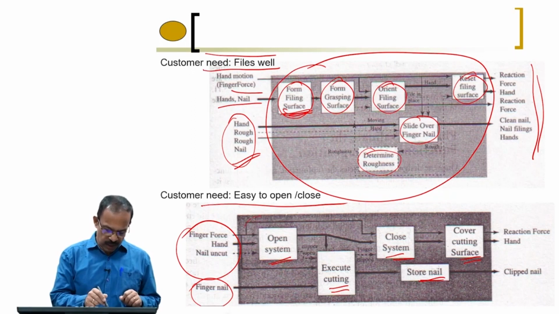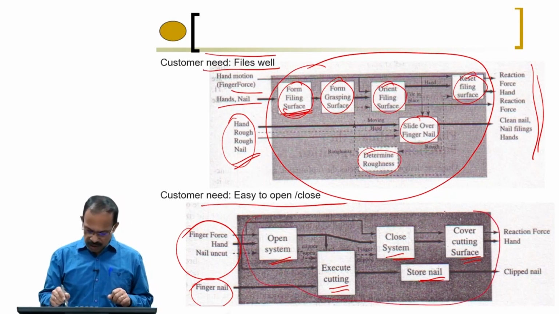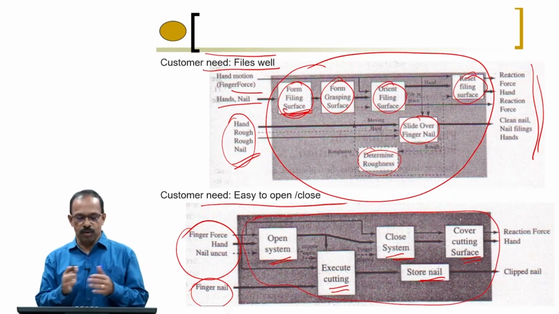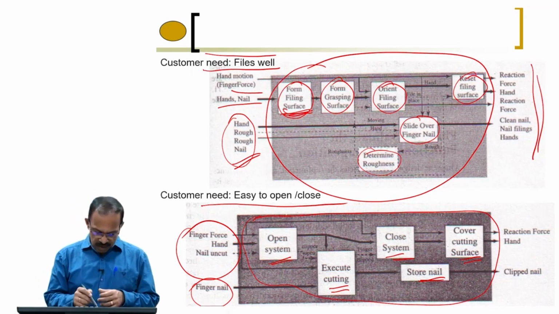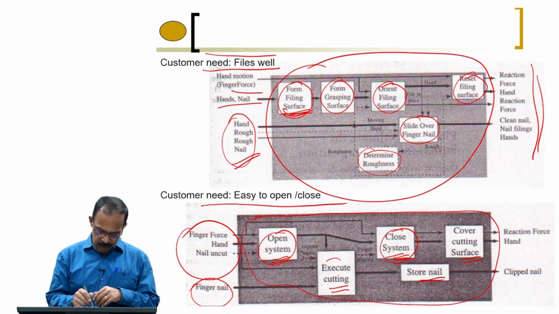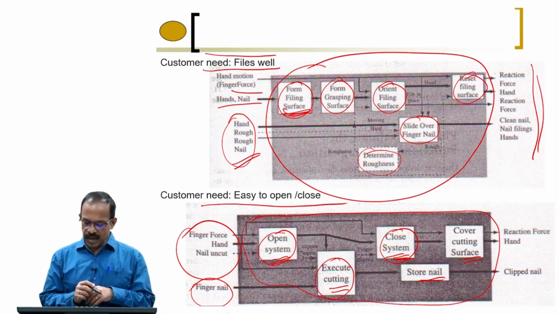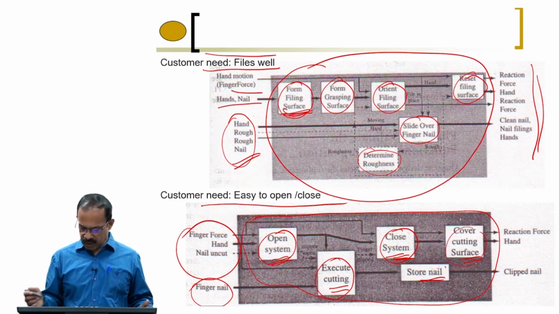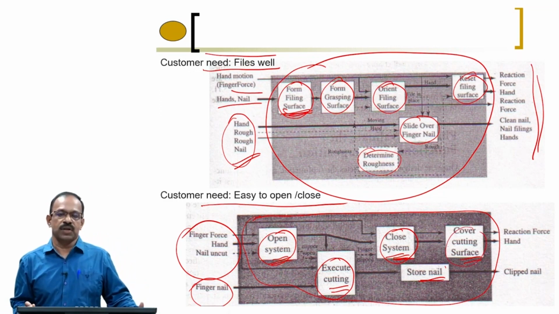So, we will see what functions are involved in the whole process between easy opening and closing, see where it is opening and where it is closing, and then see how these functions can be improved, so that you will be able to have proper cutting and then proper storage later: cover the cutting surface and then close it also.